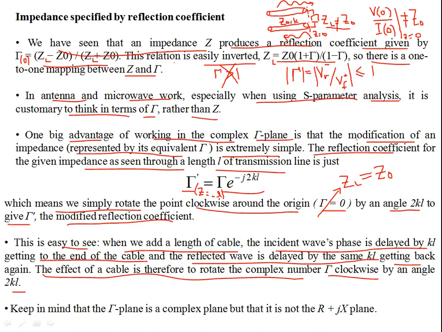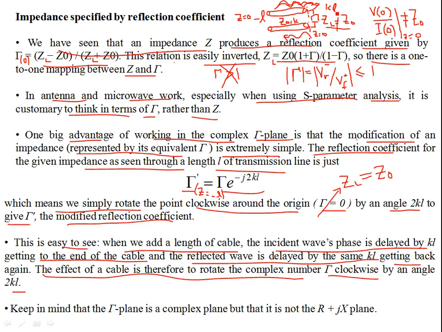On a transmission line, the incident wave from minus L to 0 is going to suffer a phase delay of kL traveling towards the load.